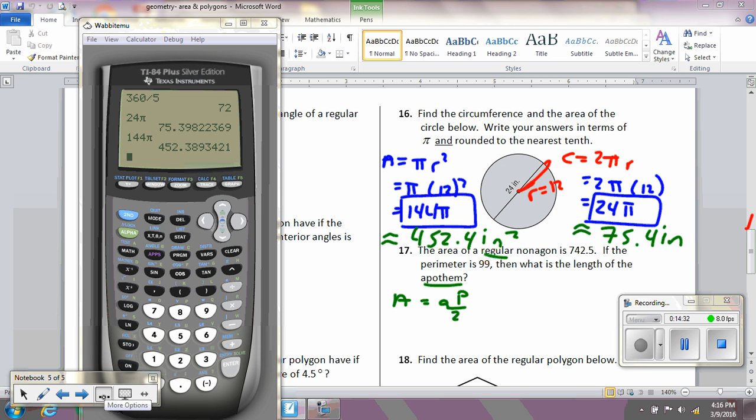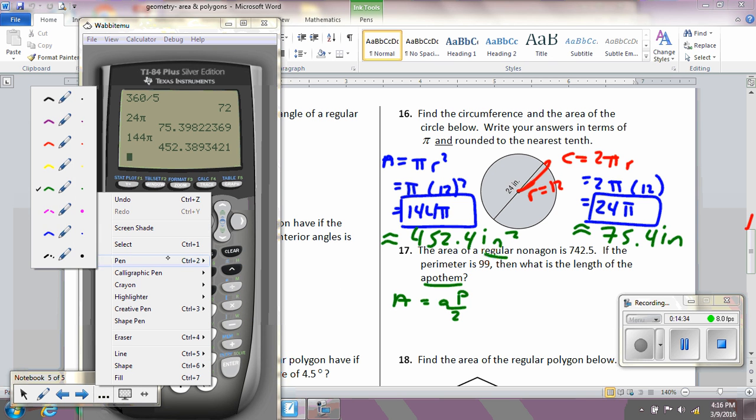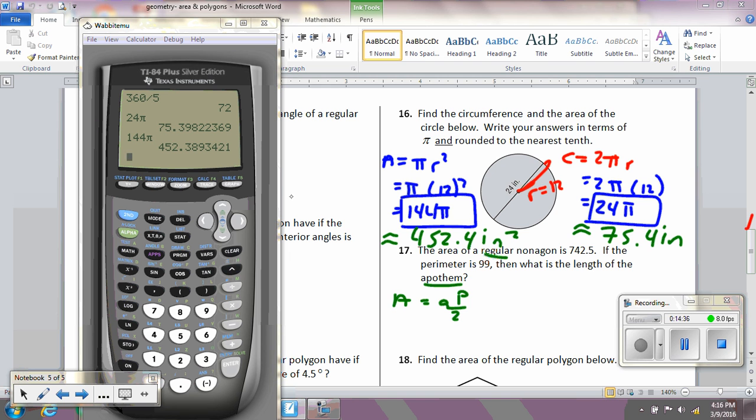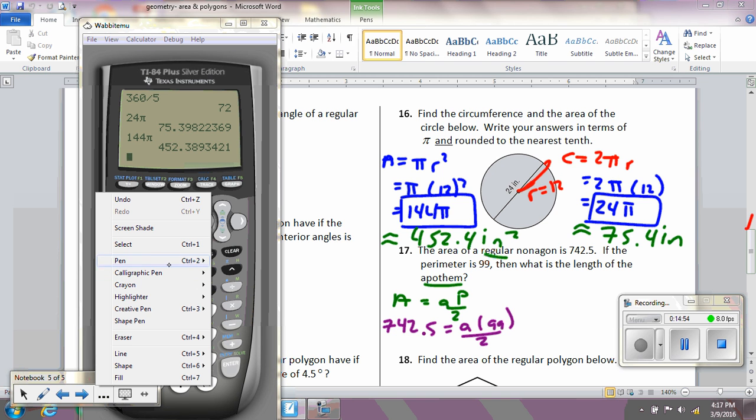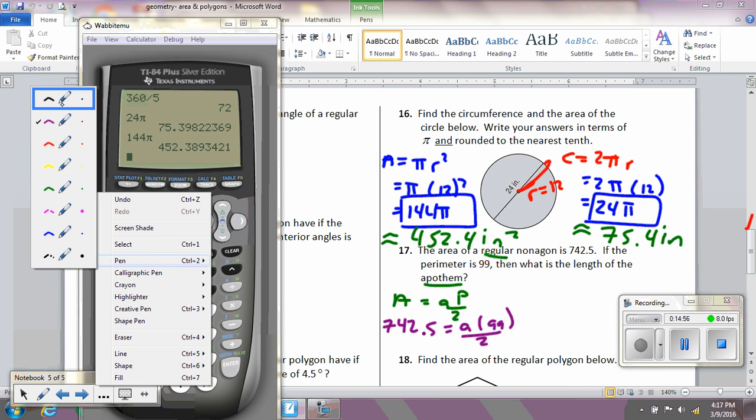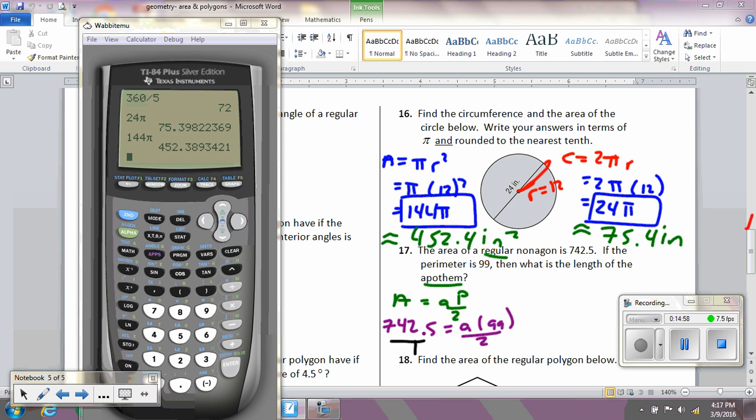So again, they've provided us with the area, so we're going to substitute that on the left side of the equation. It's 742.5. We don't know what the apothem is. We know the perimeter is 99, and then there's a 2 down below. So I'm going to put the area over 1, and cross multiply.